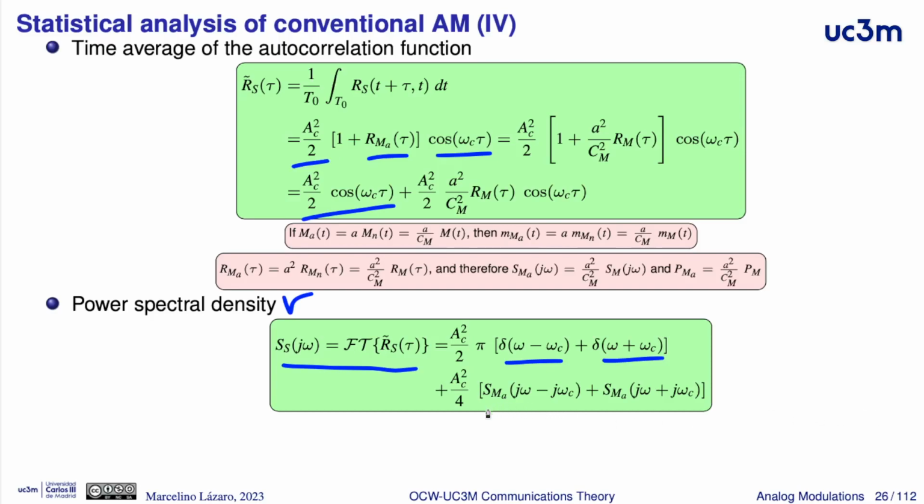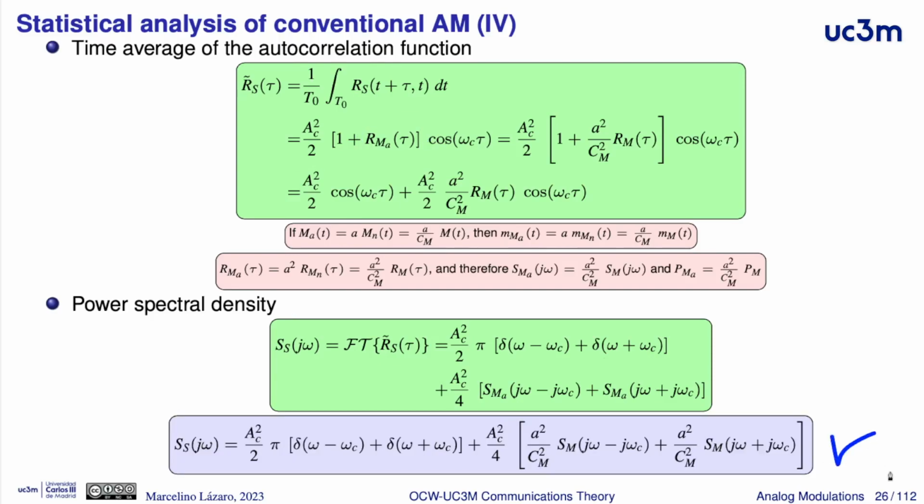and then the Fourier transform of this term times the cosine, with this scaling here, is basically producing 2 shifted replicas of the Fourier transform of the autocorrelation, which is the power spectral density of m_A, shifted plus and minus omega_c, and each replica has half of the amplitude of the original power spectral density of m_A.